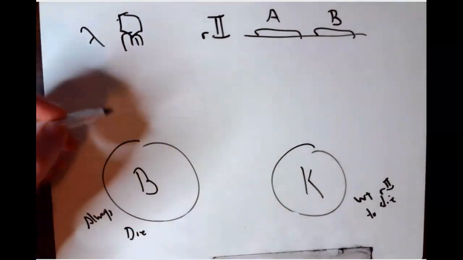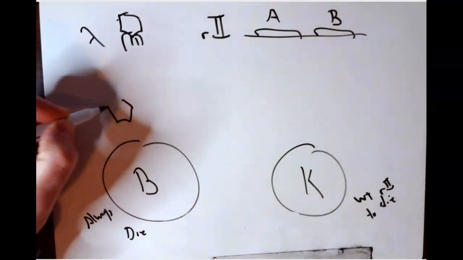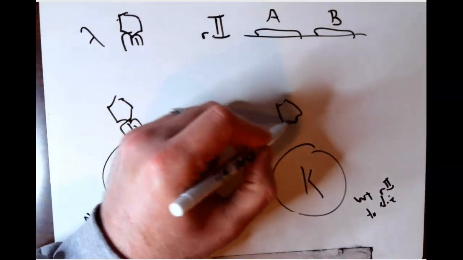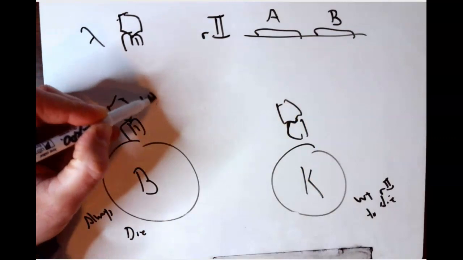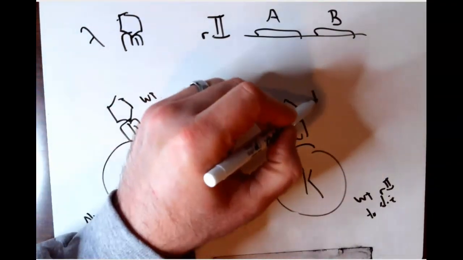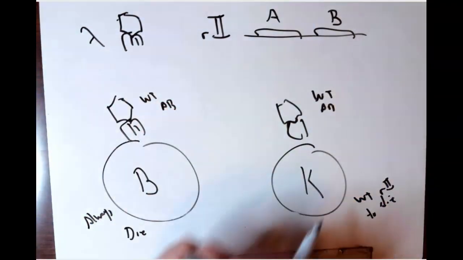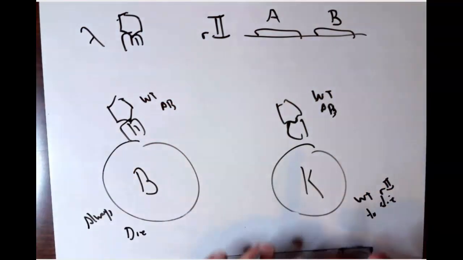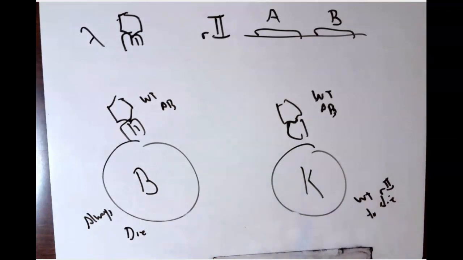The first thing Benzer did was he infected B cells and K cells with wild-type lambda-phage. So there was an intact A and B gene, and B cells died, and K cells died. No big surprise.